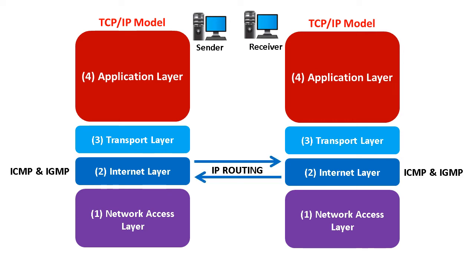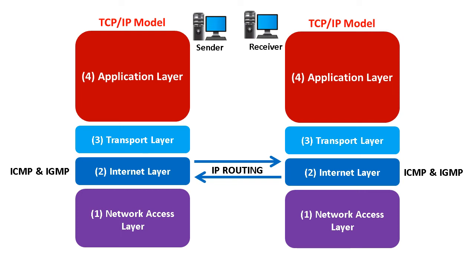Now we will be discussing the internet layer. It is equivalent to the network layer of the OSI model. Logical addressing and routing is performed at this layer by using the IP addresses of the devices. At this layer, the routers forward the packets on the basis of the IP addresses of devices.